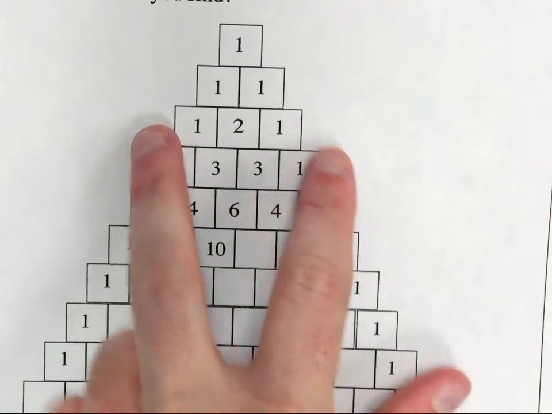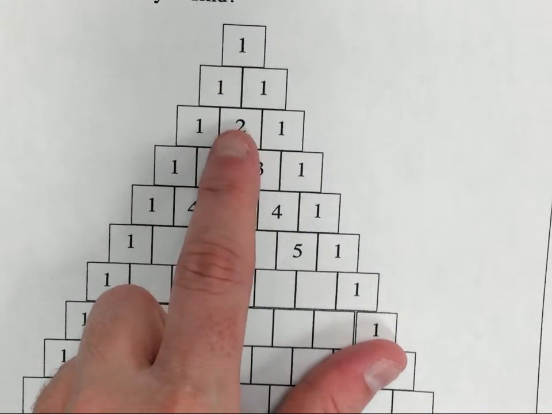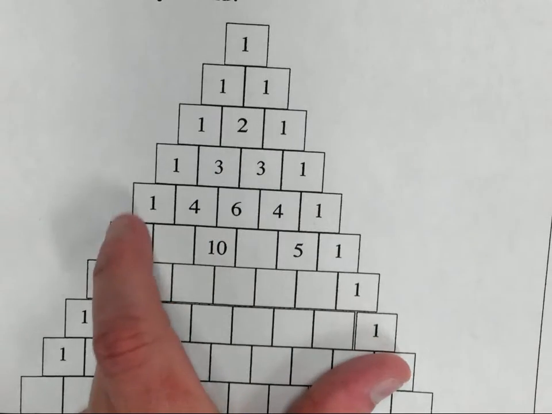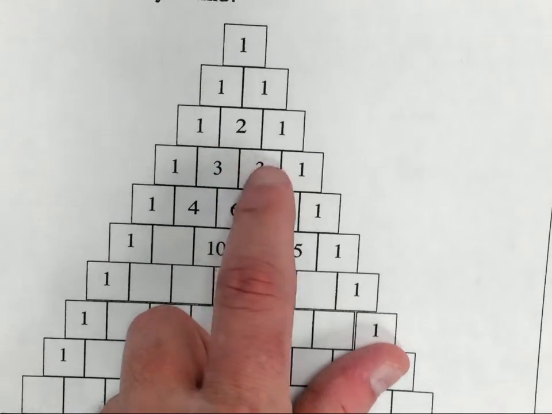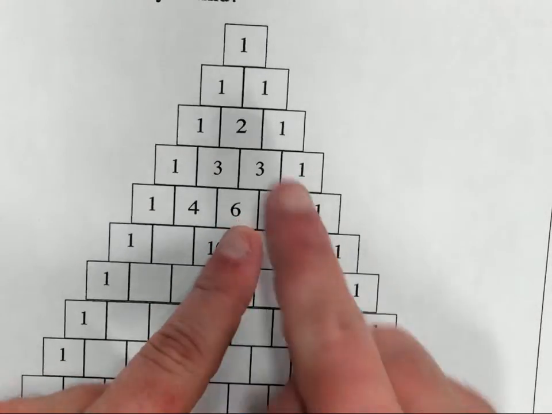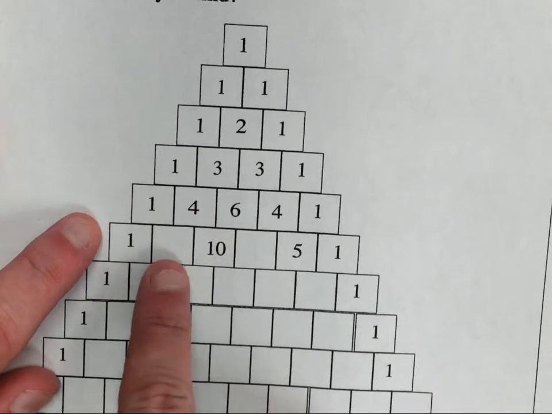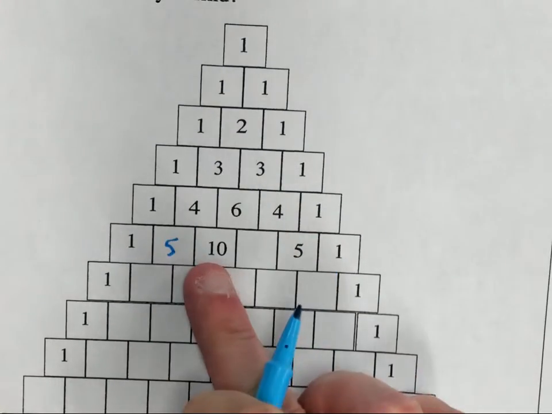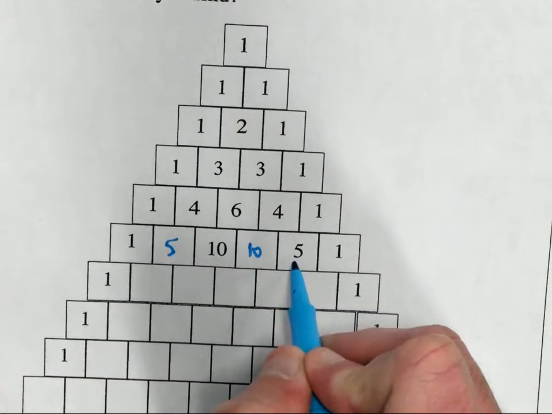1's going to be all the way down, but then 1 plus 1 is what? 1 plus 2 is? 2 plus 1 is? Put a 1 down. Now 1 plus 3 is? 4. 3 plus 3 is? 6. 3 plus 1 is 4. Put a 1 down. 1 plus 4 is 5. 4 plus 6 is? 6 plus 4 is? 4 plus 1 is?